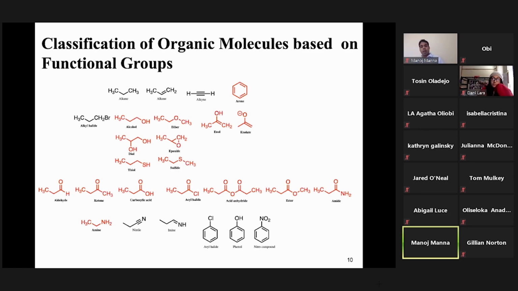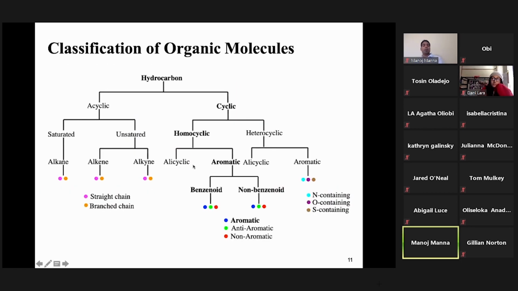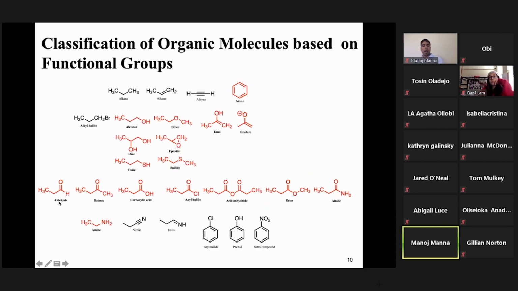What we learn in this particular course is about specific classes of molecules: alkane, alkene, alkyne, and acyl chloride. These we learn in organic chemistry 1. In organic chemistry 2, you will learn about aldehydes, ketones, carboxylic acids, and other things. We also have a chance to learn about alcohol, ether, and epoxide.